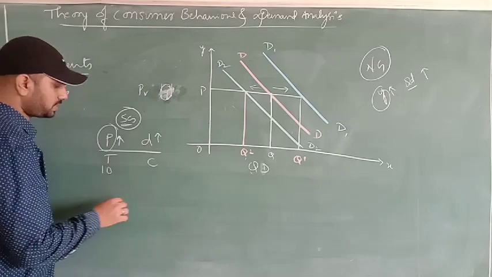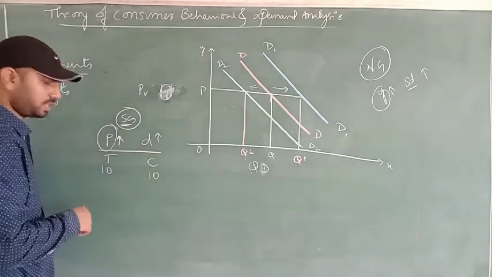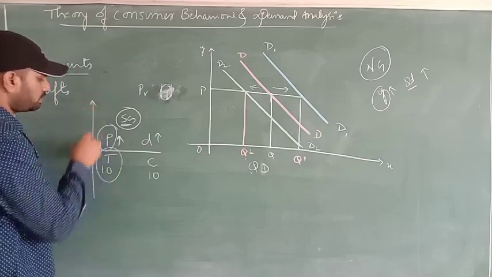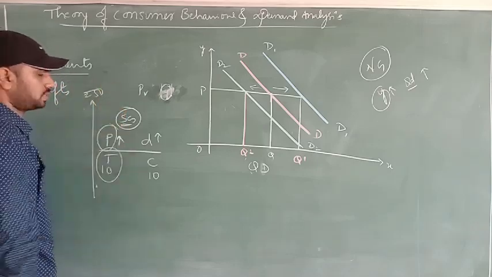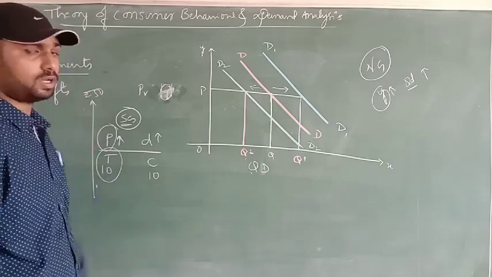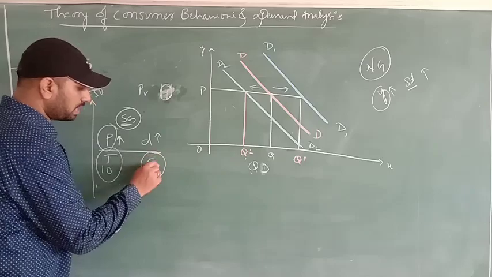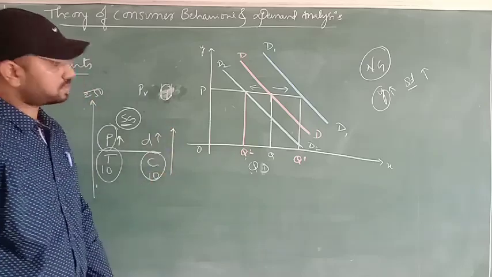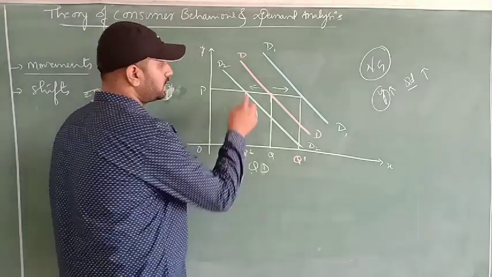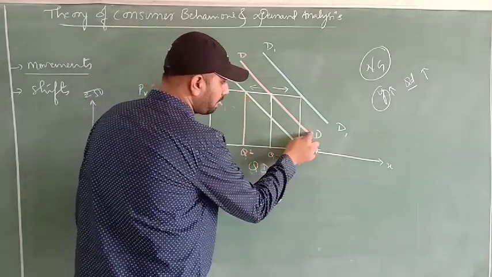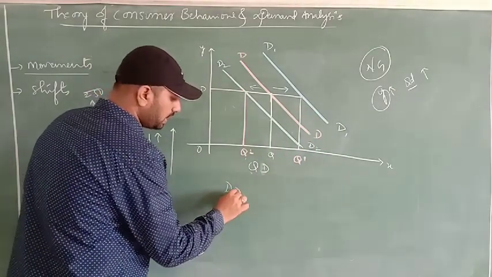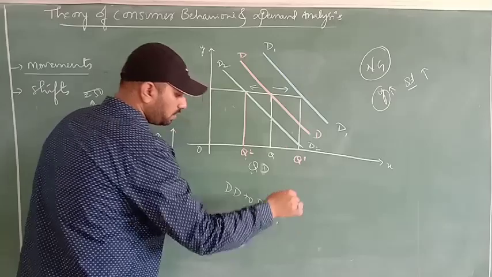When the price of tea is 10 rupees and the price of coffee is also 10 rupees, all of a sudden due to low supply of tea, the price of tea increases from 10 rupees to 50 rupees per cup. Then people are not interested in paying 50, they will jump from tea to coffee, and demand for coffee will increase. Then the point is very simple: for substitute goods, demand will shift from D to D1. Are you clear?